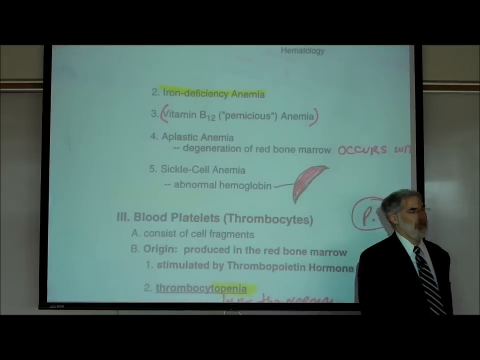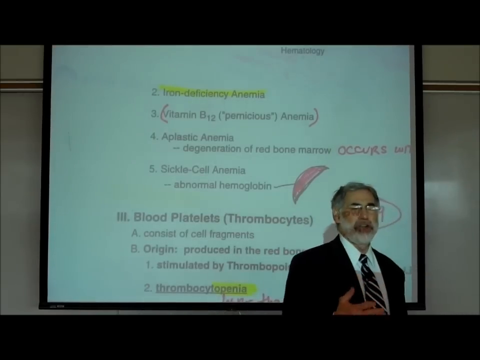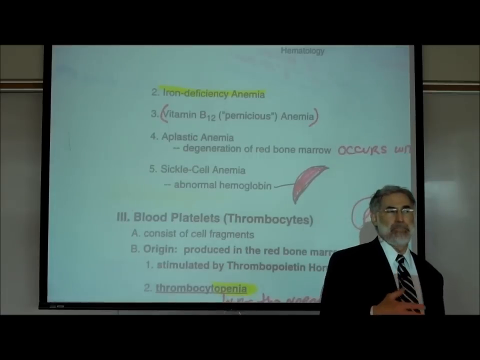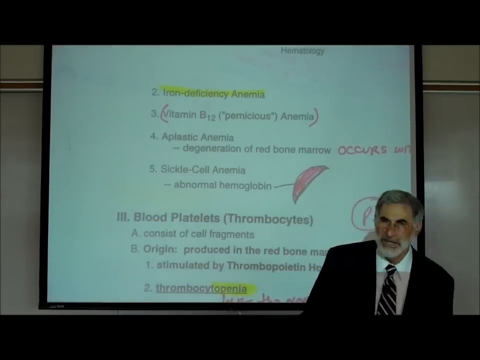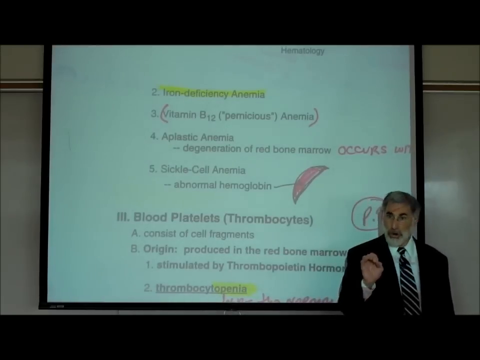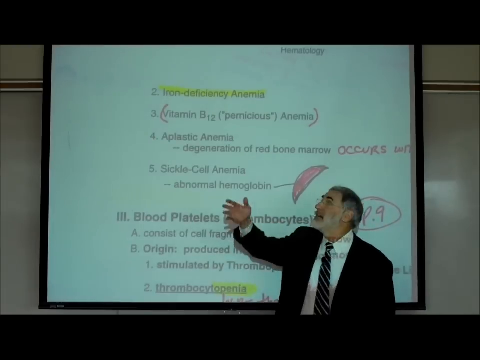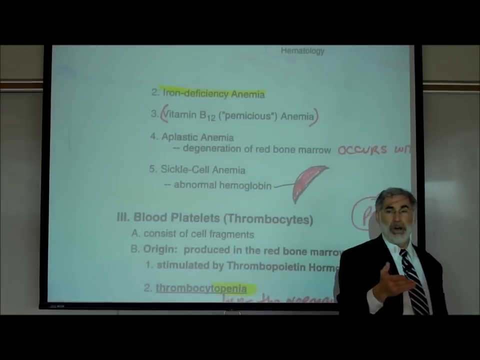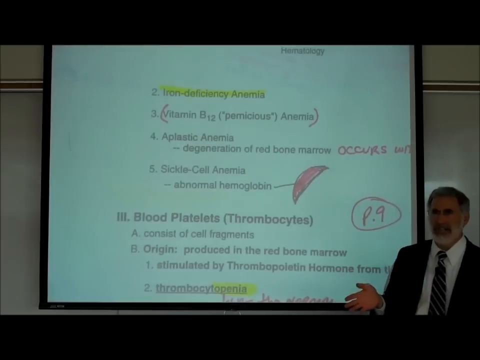There are a whole bunch of other nutrients that are needed in order for your body to make hemoglobin. Those of you who might have had a nutrition class, who's had nutrition? So you might have learned that you need a B vitamin called vitamin B12 or cyanocobalamin. It actually contains the metal cobalt. And you need that in order to make red blood cells. So if you don't have enough vitamin B12, you'll also be anemic. And that happens to be known as pernicious anemia.